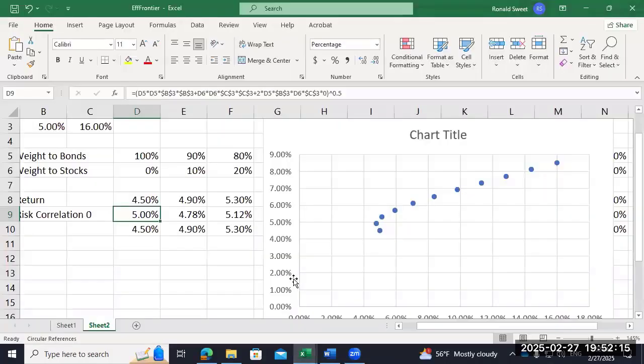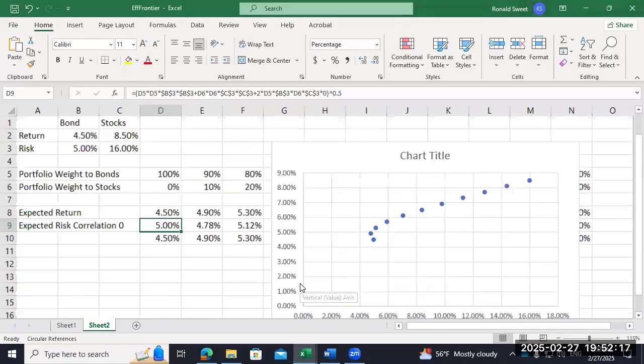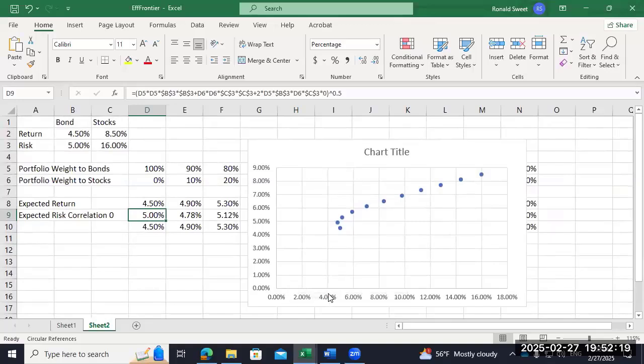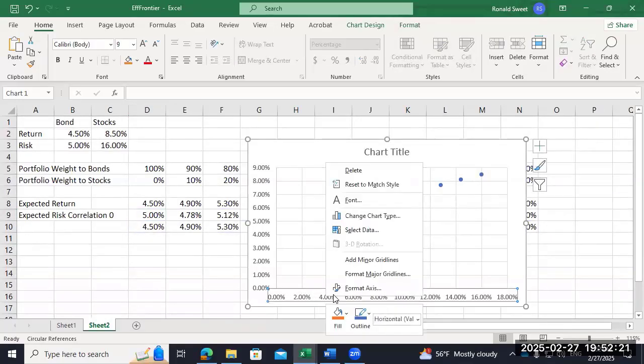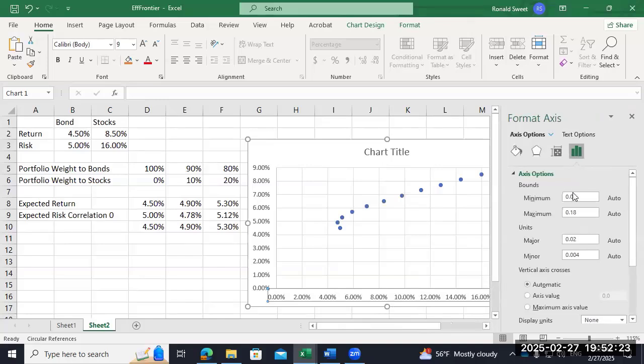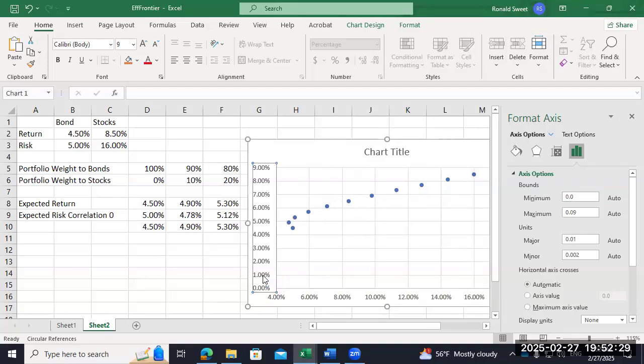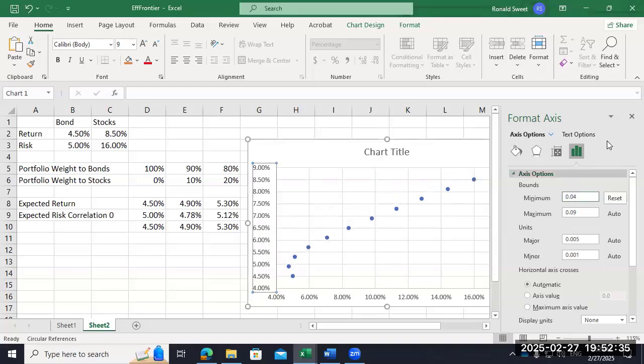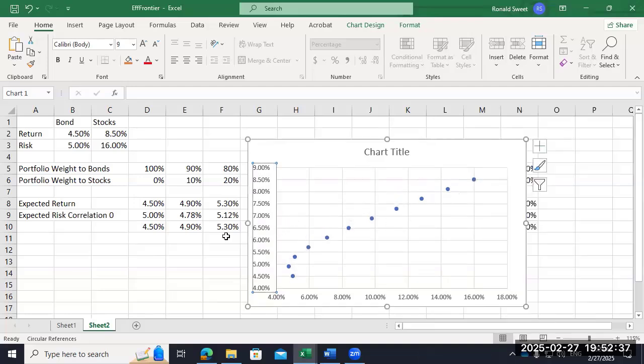All right. So last class we were doing this efficient frontier. We can make it look more like an efficient frontier by reformatting our axis a little bit. Then it looks more like an efficient frontier.